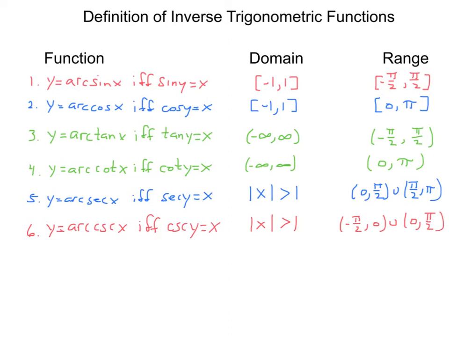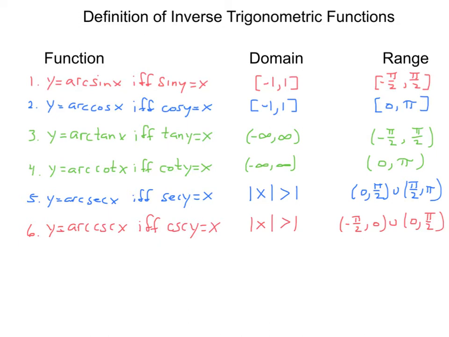Now the range on here, remember that in this case, the range is going to be from 0 to pi/2, and then from pi/2 to pi. Notice that pi/2 is being excluded. And again, that's because at pi/2, the actual secant function has a vertical asymptote, and so we cannot actually have an answer of pi/2.